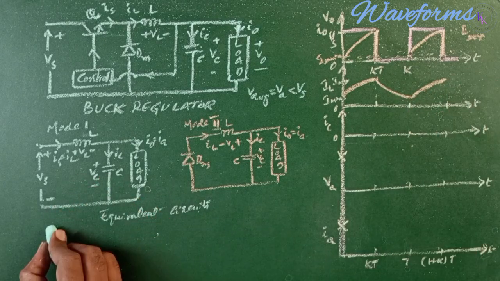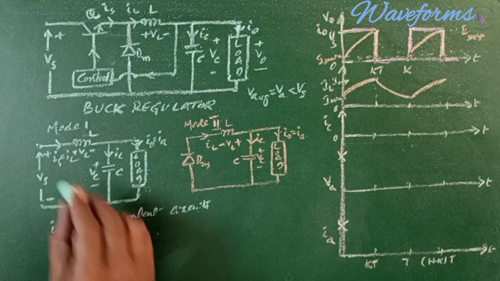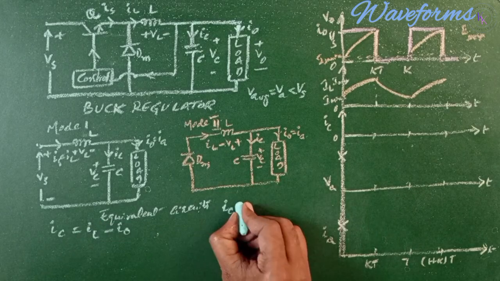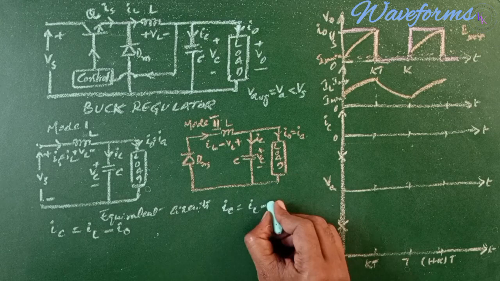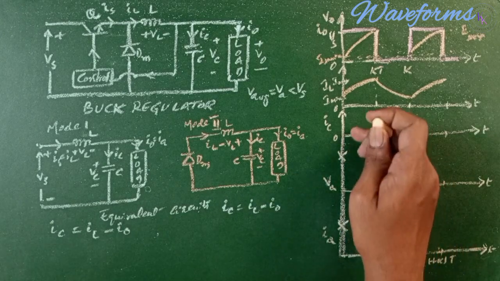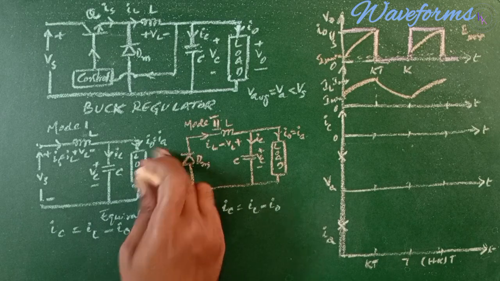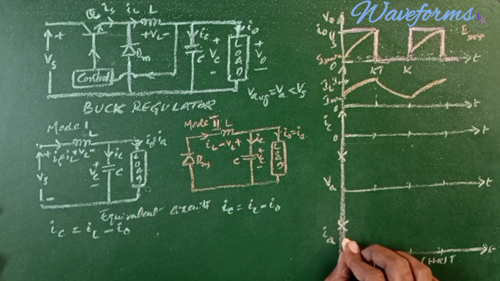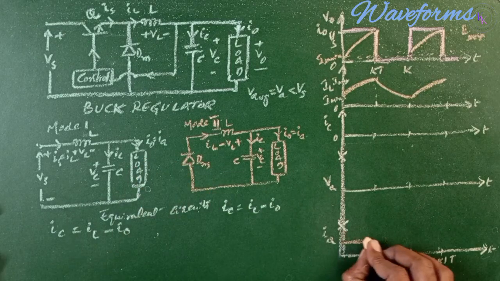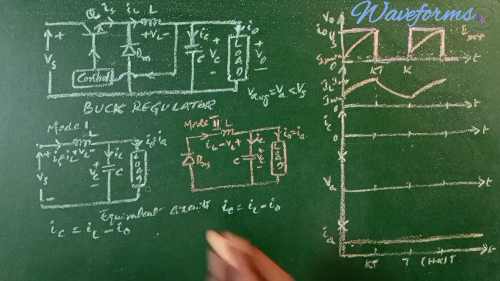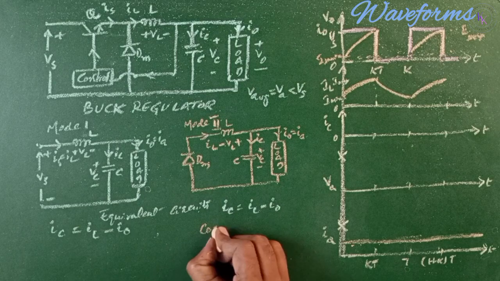In mode 1, IC equals IL minus I0. Here also IC equals IL minus I0. We'll try to draw this IC later on. I0 in both the cases is equal to IA, the average value. That average value will be a constant value since this regulator operates in continuous conduction mode.